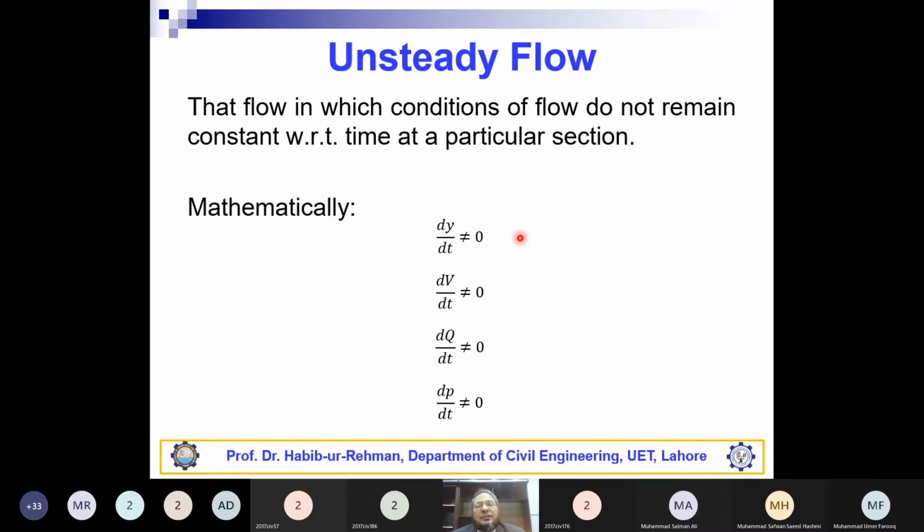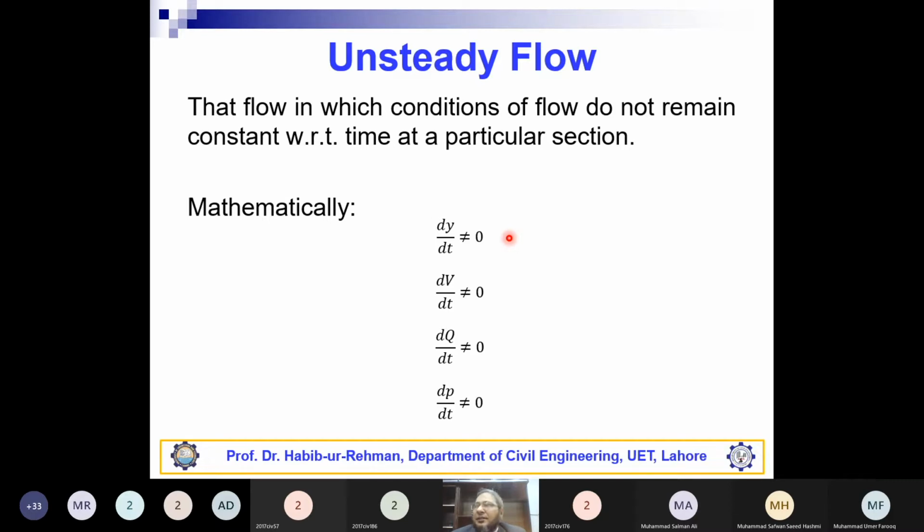What is number one? dy over dt is not equal to 0. It means the depth of flow does not remain constant with respect to time; it is changing. So this first expression is valid for which conduit?